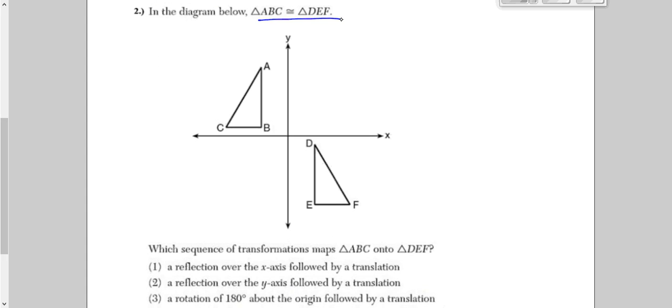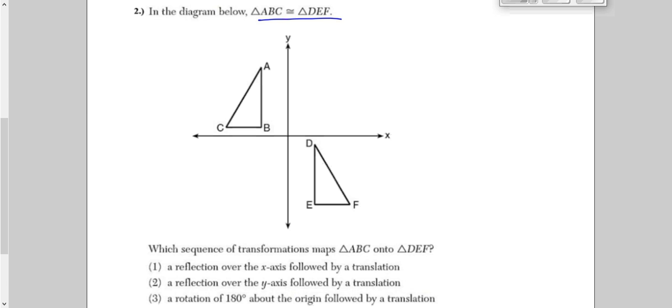Notice what they give you here, right? So you think choice 2, reflection over the y-axis followed by a translation. Well, what told you there was a reflection involved?